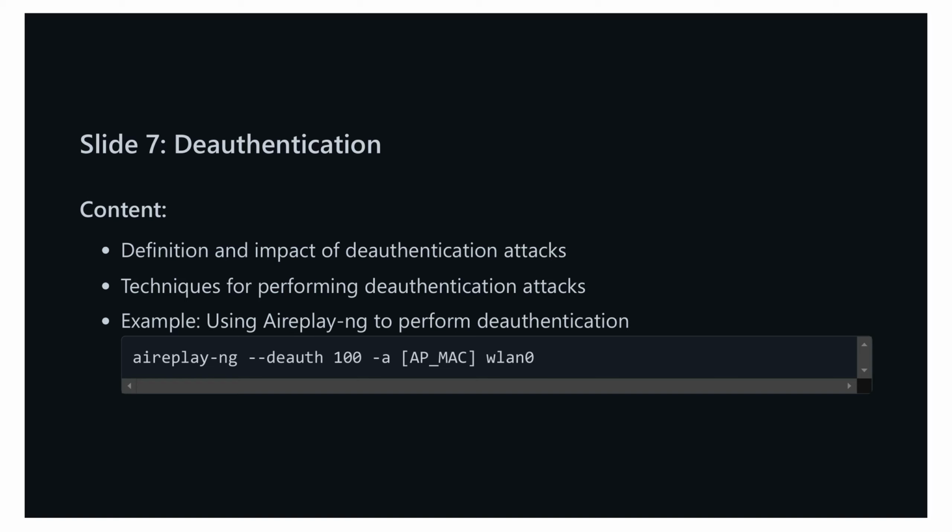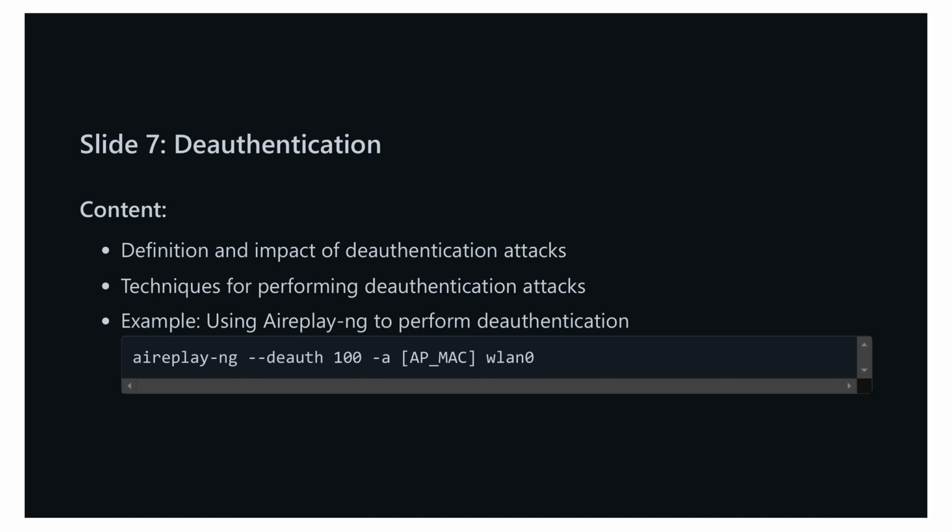There are several techniques for performing deauthentication attacks, and one of the most commonly used tools is Aireplay-NG, a component of the Aircrack-NG suite. Aireplay-NG can be used to send deauthentication frames to specific clients or broadcast them to disconnect all clients connected to a particular access point.